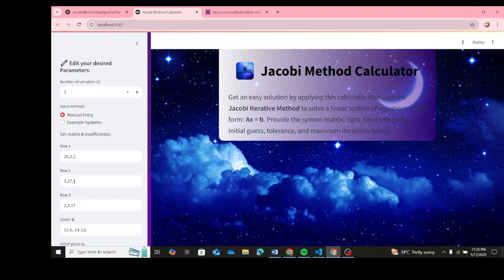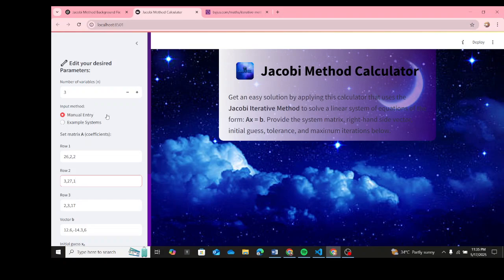So we put it this way, and as you can see in my interface, we have a 3 by 3 matrix because we have only 3 sets of equations.